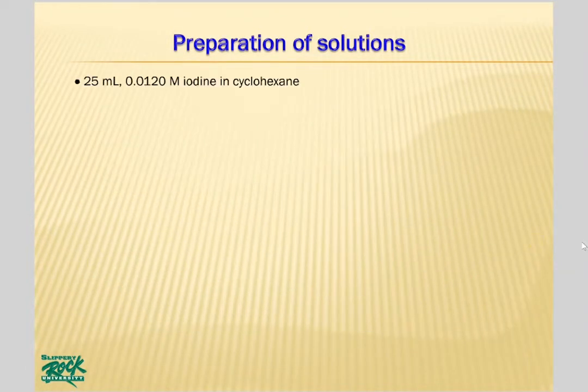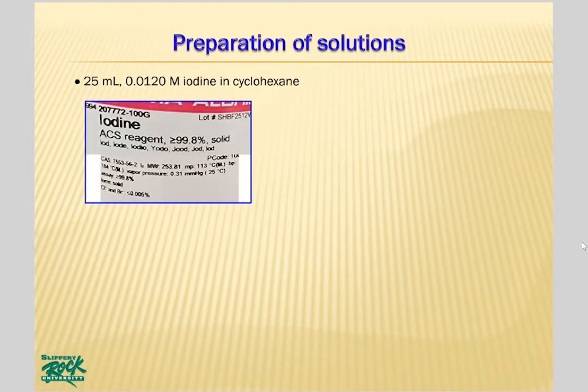The second stock solution is a 25 milliliter 0.0120 molar iodine solution in cyclohexane. Check the label on the bottle of solid iodine for the information that you may need for solution prep. Since iodine is 99.8% pure, put down 0.998. The gram mass of iodine to be transferred is set to Y grams.